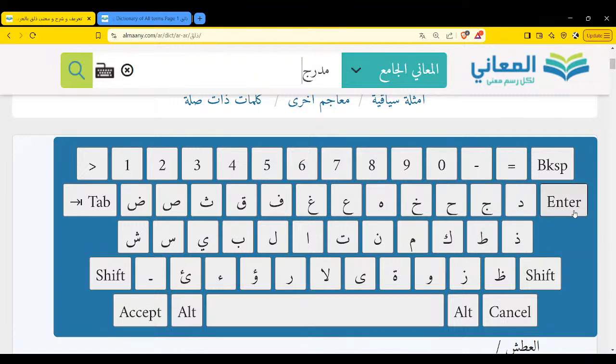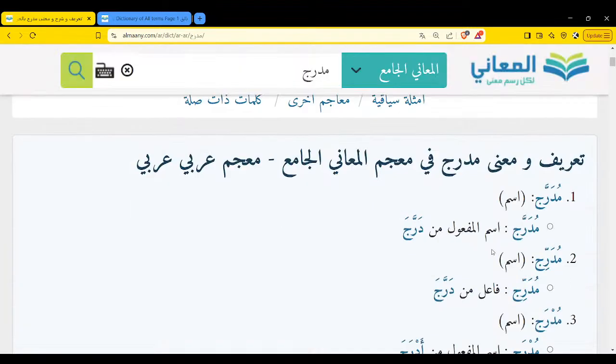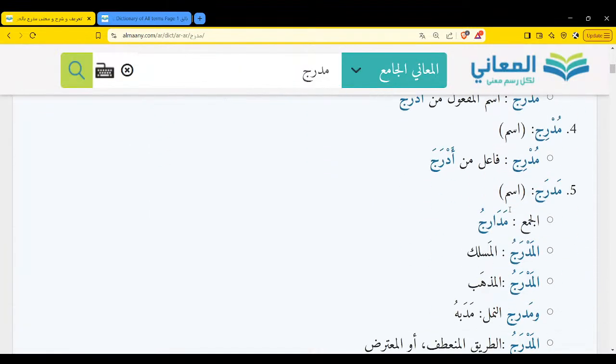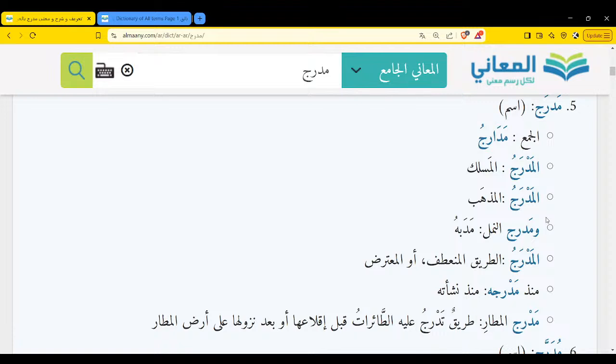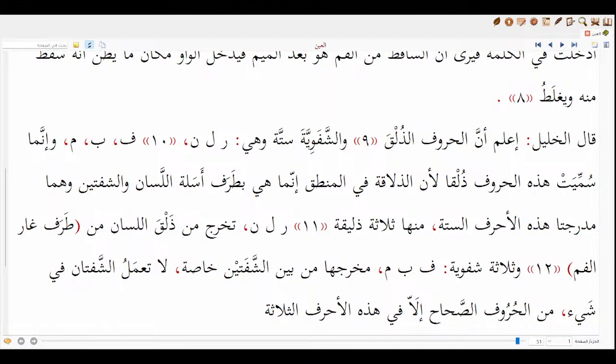Okay, so al-madraj is the tariq, or the path. So then it's possible that this would be madraj. وهما مدرجتا هذه الأحرف 6, and these two, meaning the tip of the tongue and the lips, are the path by which these 6 letters are pronounced.